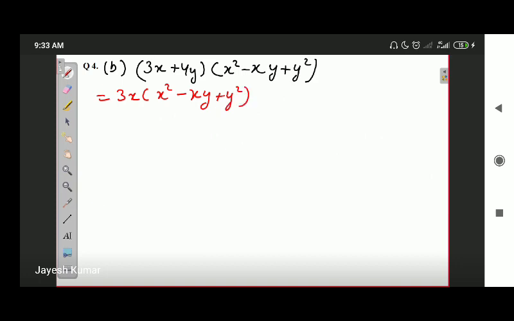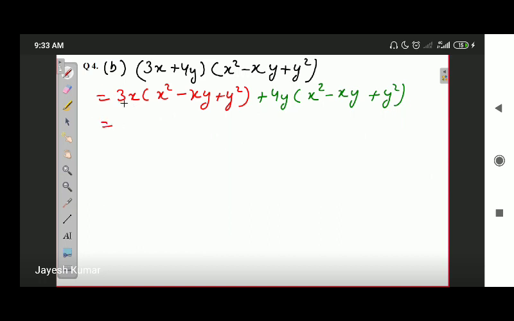After that, second term plus 4y is to be multiplied with second bracket. Okay, if there were a multiplication of trinomial and trinomial, we would have written down 3 terms. It doesn't matter. For every sort of polynomial multiplication, this method runs well.